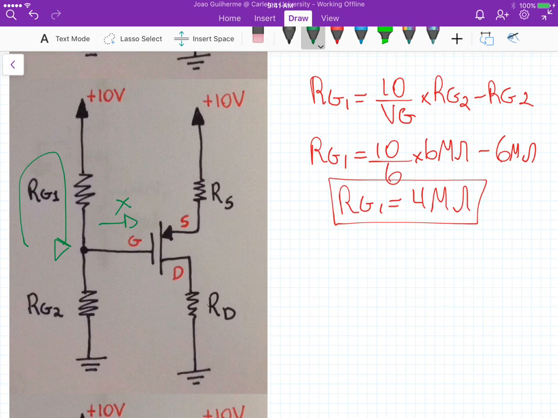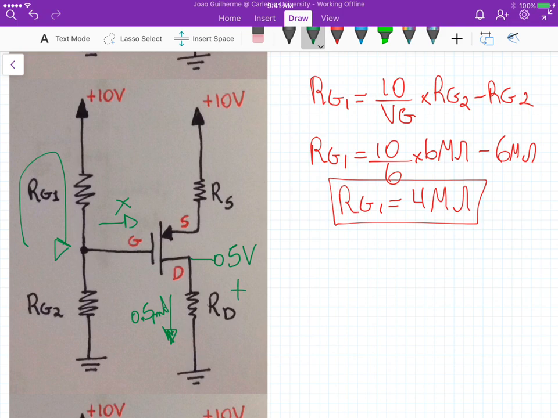So we still need to find out the value of RD and RS. For RD, we know the current that's flowing through the drain is 0.5 milliamps. And we know that we want a voltage at the drain terminal equal to 5 volts.